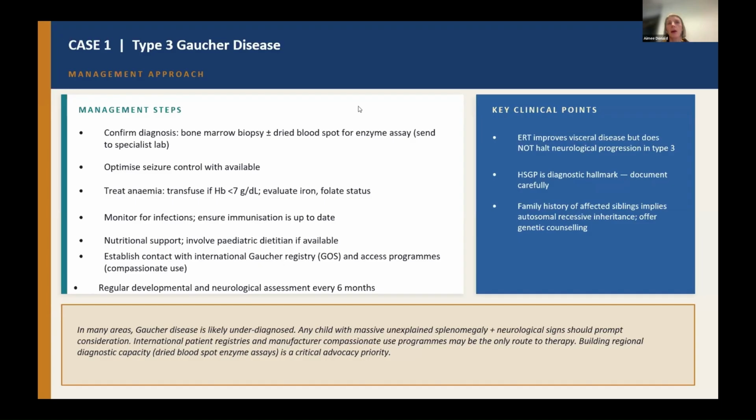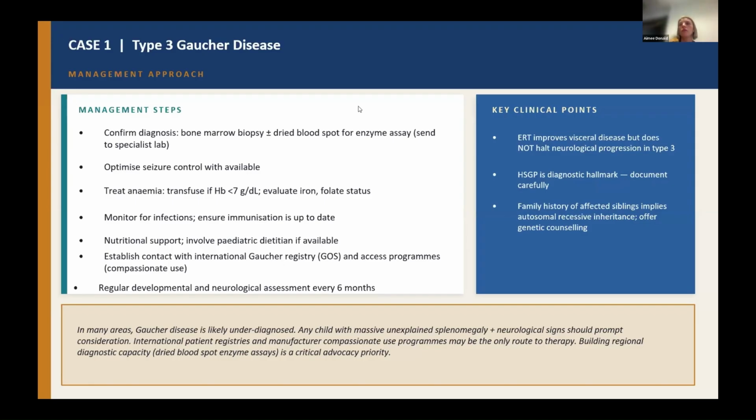So think about how we can optimize nutrition in our patients, because you will improve the whole health of the child if we achieve this. Think about how we can access therapies, so managed access programs, compassionate use programs, and then think about the whole neurological and developmental assessment of a child.